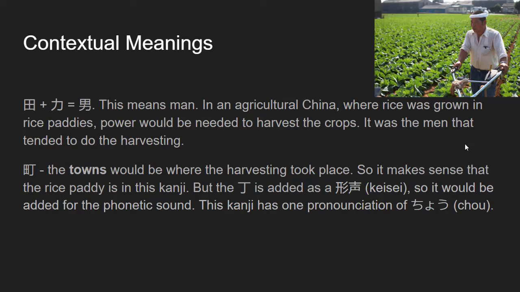I think that's why moon and meat are considered the same. If you look on the list, you can see moon is the one for meat. But it's not actually the kanji for meat, it's the radical for meat.